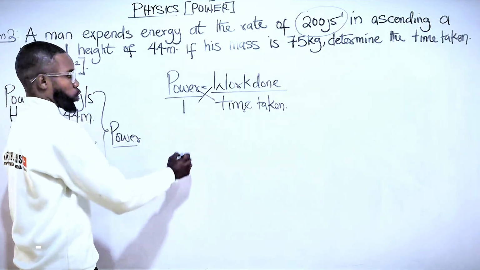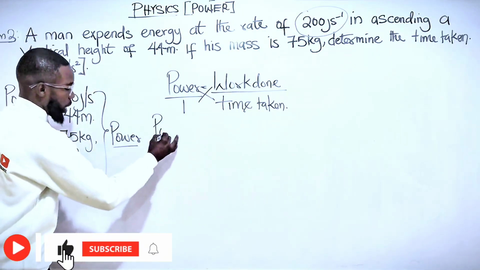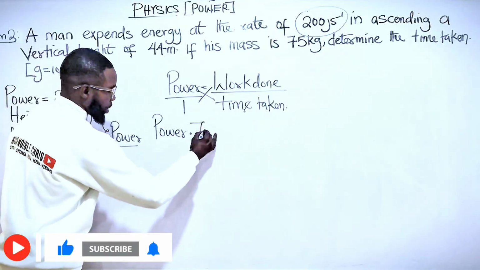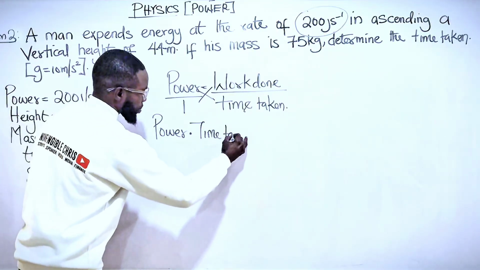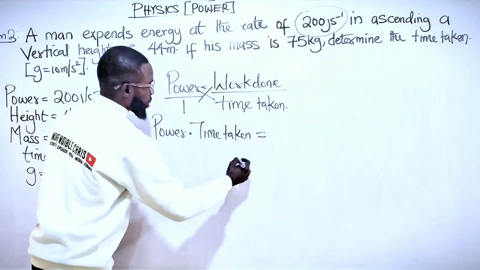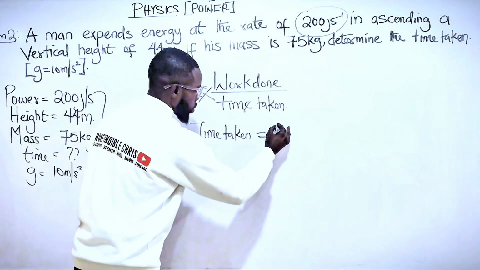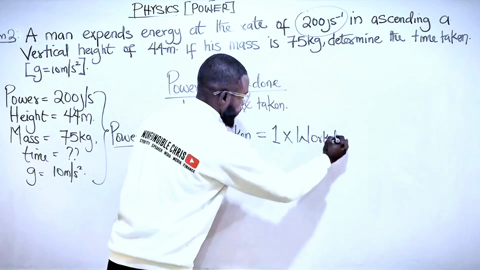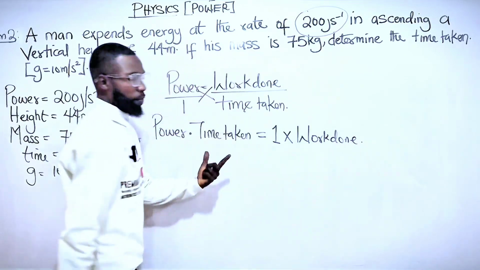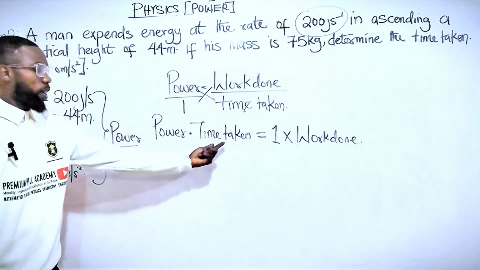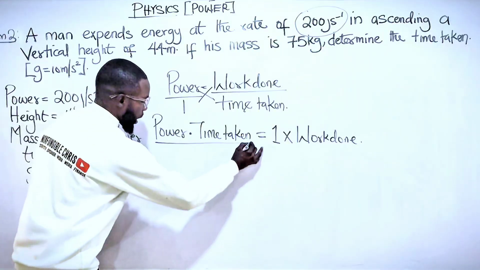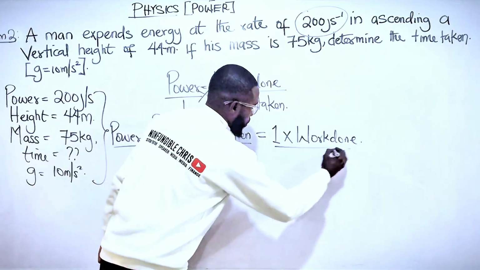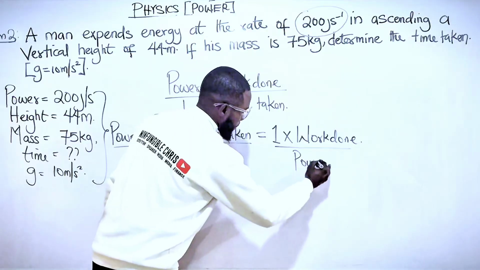Power times the time taken is equal to 1 times the work done. That's the first thing we do. But since we are looking for the value of time, we divide both sides by the power so that the powers can cancel out.